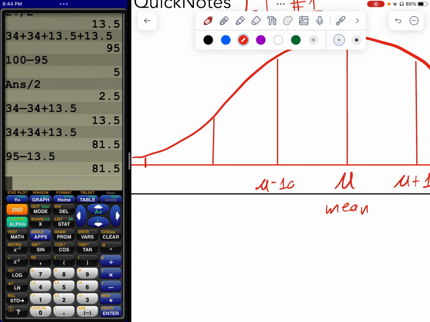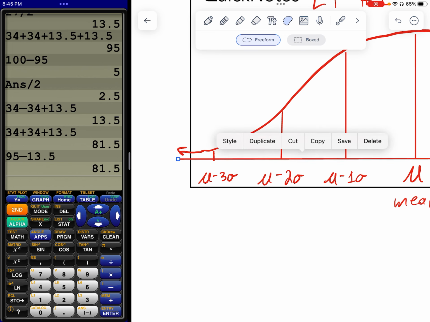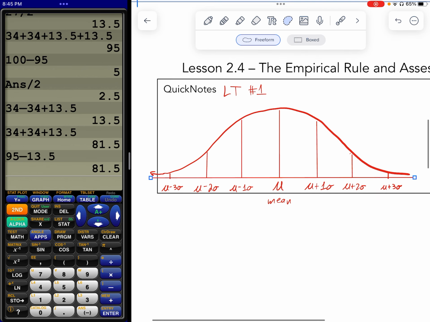Minus 1 standard deviation, minus 2 of them, and minus 3 standard deviations. Okay. All right. And here's what we've essentially learned.